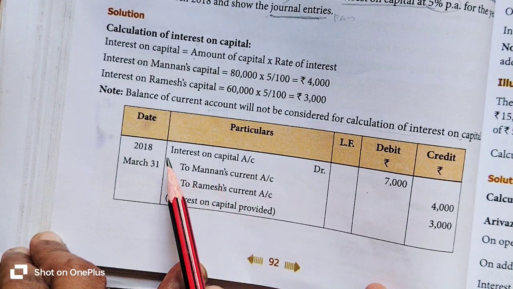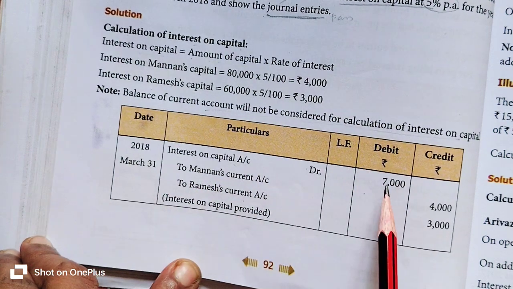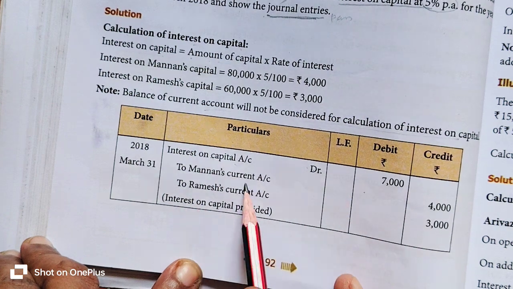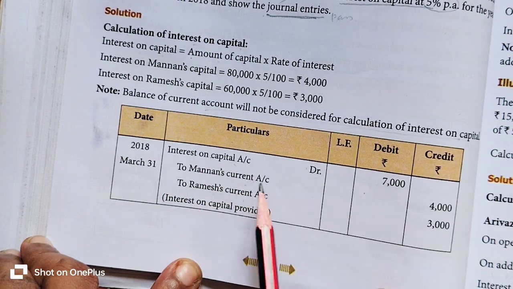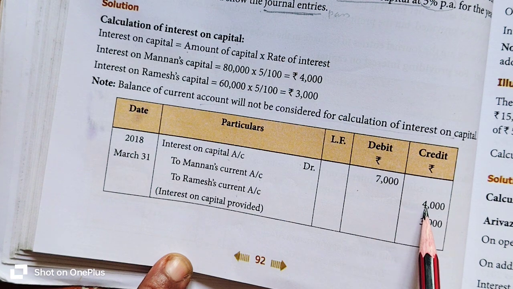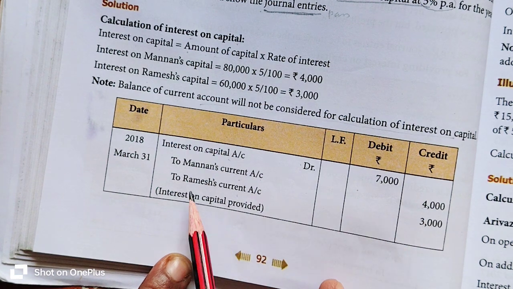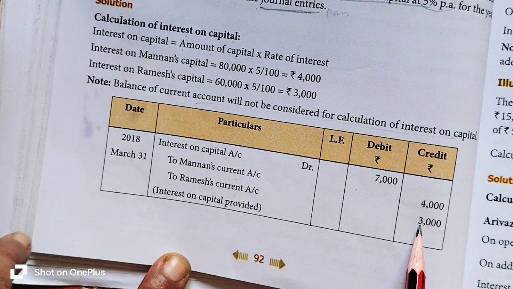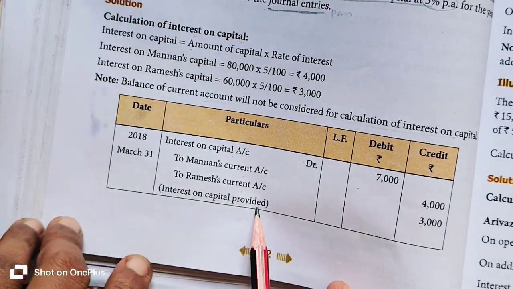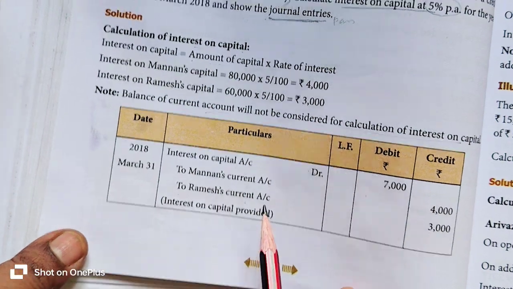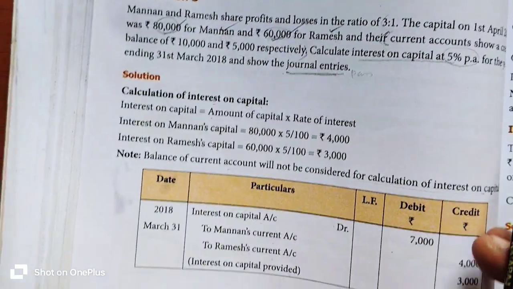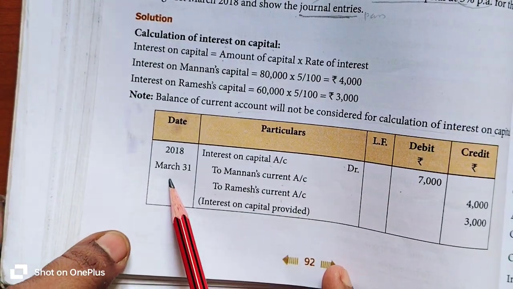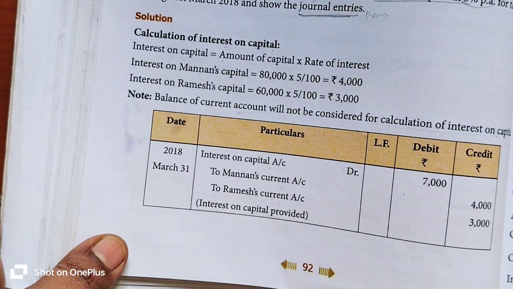So interest on capital account debit 7,000 rupees to Mannan's current account 4,000 rupees, this is Mannan's interest on capital, and Ramesh's interest on capital 3,000 rupees. Interest on capital provided, dated 31st March 2018, as given here. You have to enter it in the date column.